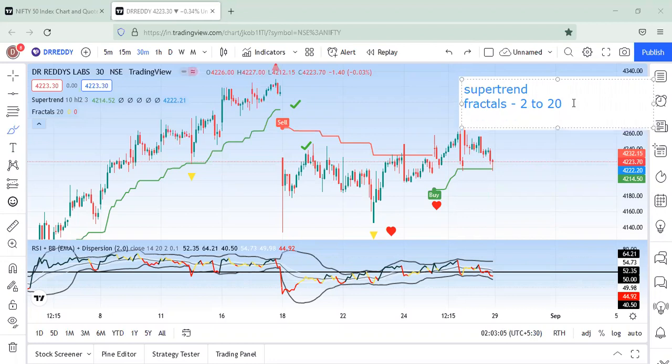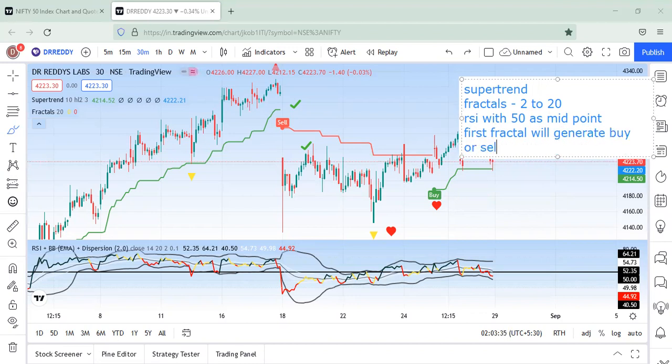And I have used RSI with 50 as midpoint. So in this generation, first the fractal will generate a buy or sell signal.